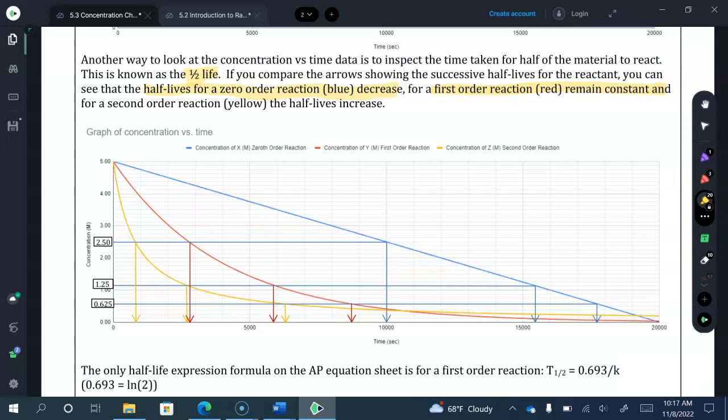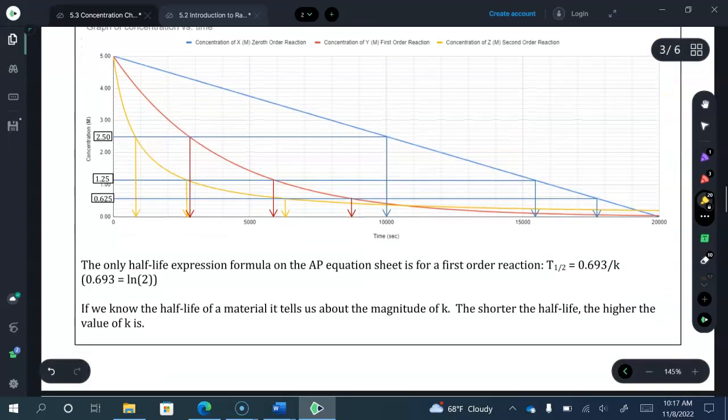That's like nuclear decay. And for second-order reactions, the half-lives increase, so how long it takes for half the reactants to react. There is only one half-life expression on the AP equation sheet, and that is for first-order reactions, where it's written like this.